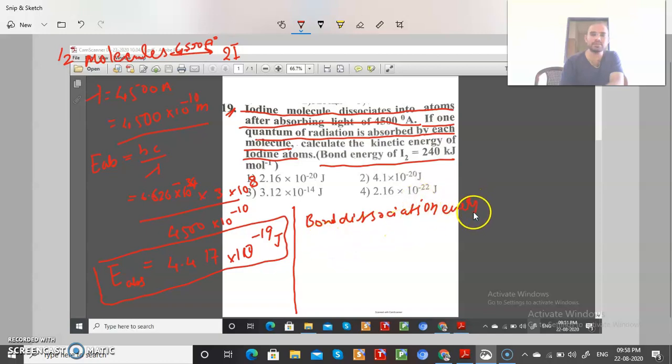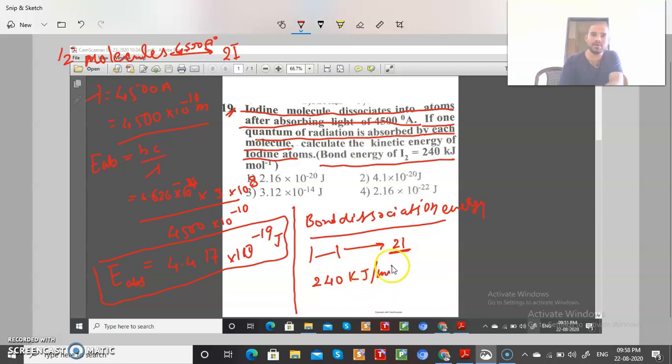So if you talk about the bond dissociation energy, student, how much is given? The I2 molecule is there, and when it breaks, it forms 2I. For this, for atoms, they have given 240 kilojoule per mole.